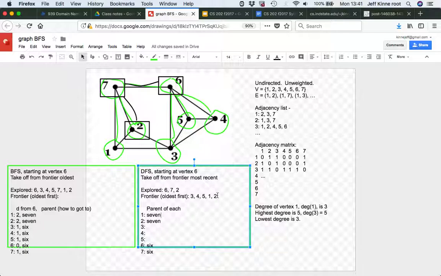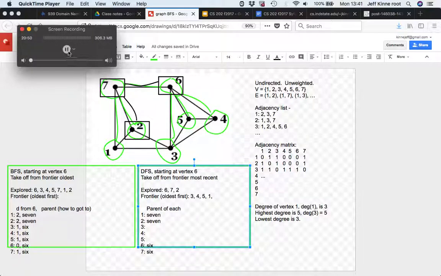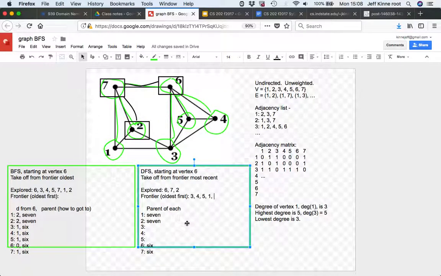All right, and then 2 is going to be off the frontier and any other neighbors of 2. Okay, here we are. We are at 2, and we add the neighbors of 2 onto the frontier. That's 1 and 3. They're already there. So that's it for 2.